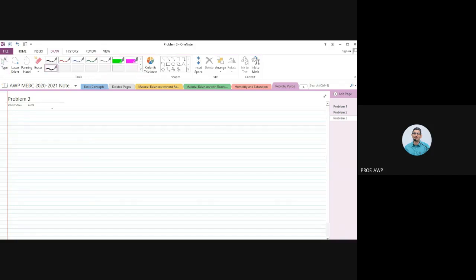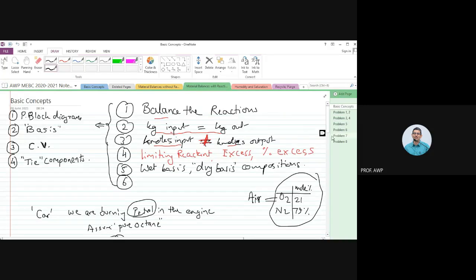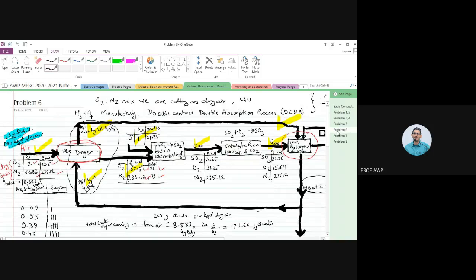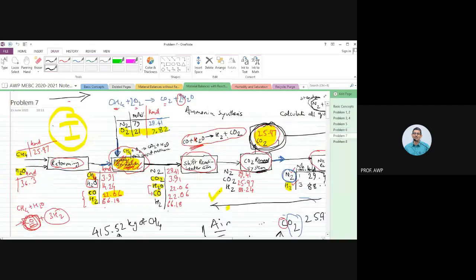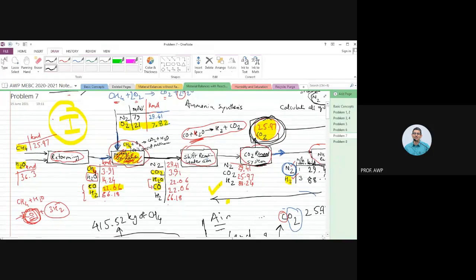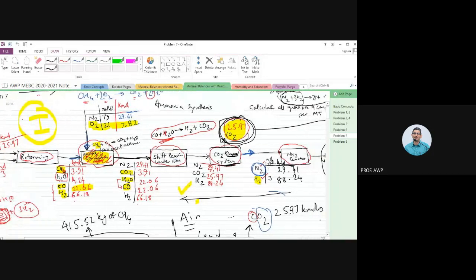We had talked about ammonia synthesis. So imagine that there is a fresh feed. This fresh feed contains nitrogen, hydrogen. In the simplified problem, we had only talked about nitrogen and hydrogen in the ratio 1:3.